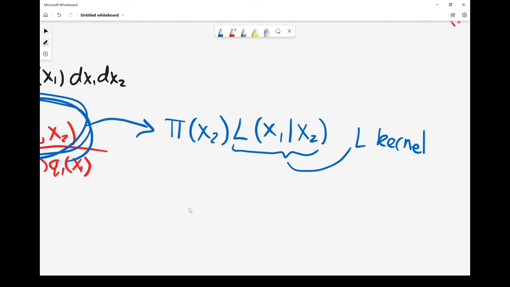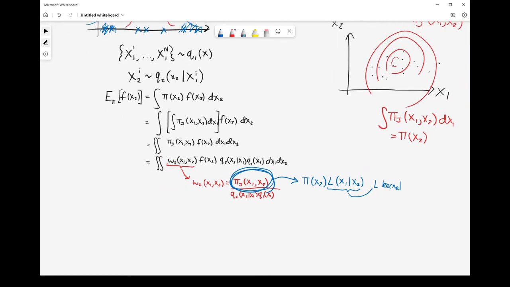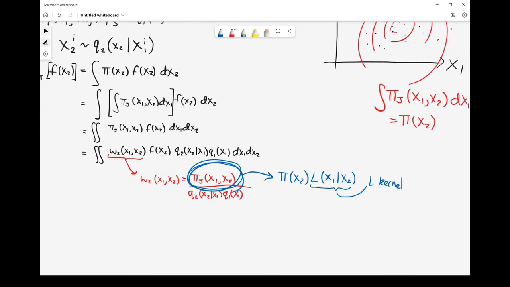So, like I say, this bit's a bit tricky, really. So just to be really clear, we've been through this maths to show that, instead of targeting pi of x2 directly, we'll actually target this joint distribution so long as it marginalizes to give us pi of x2.